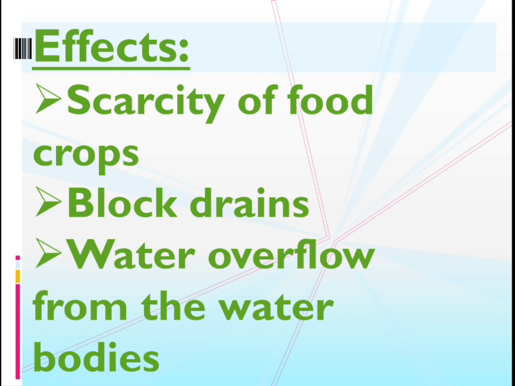As it increases day by day, it will be occupying the space from the bottom, isn't it? And the water will overflow from the river, isn't it, children? From the water bodies. Yes, so that is also the effect of soil erosion. So these are the three effects of soil erosion.